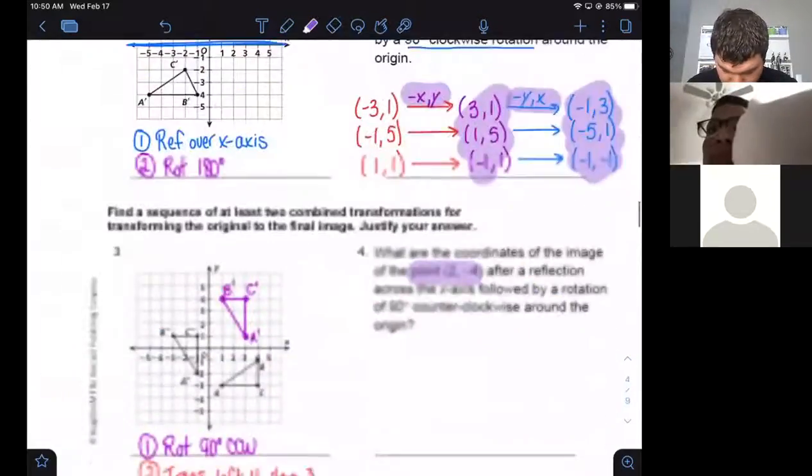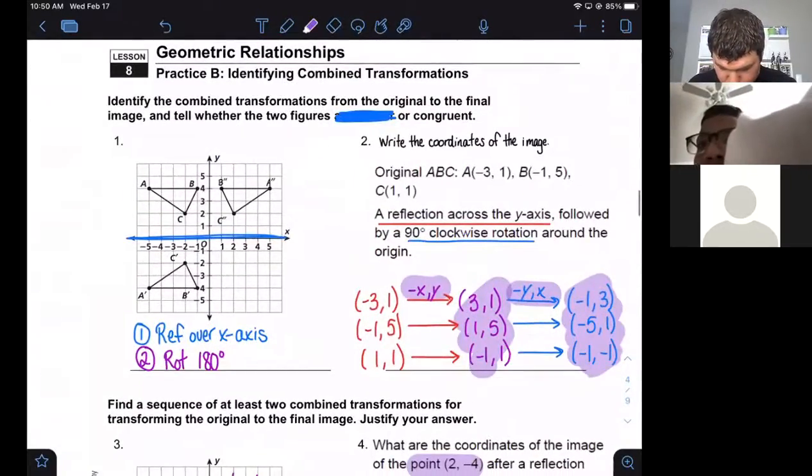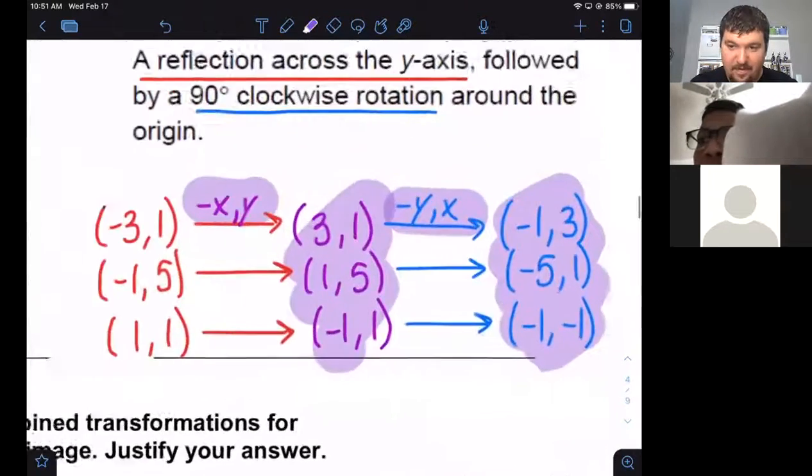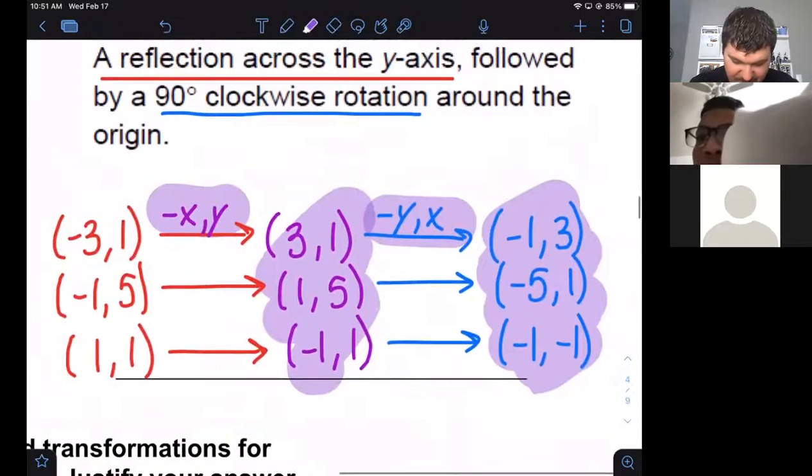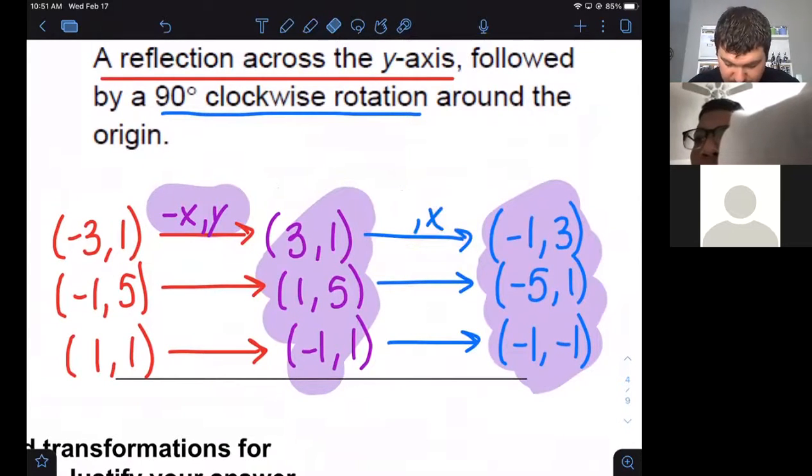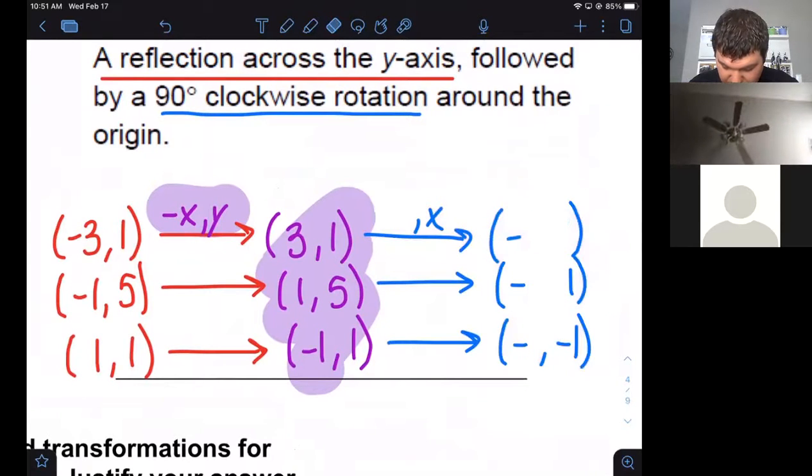If it was a clockwise rotation, wouldn't the x be negative? Yes. Thank you, Claire. I didn't even notice that. For whatever reason, when Caleb said that, I was like, yeah, sure, it says clockwise. It does not say counterclockwise, it says clockwise. So we need to back up just a second.